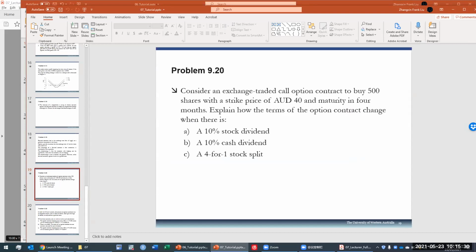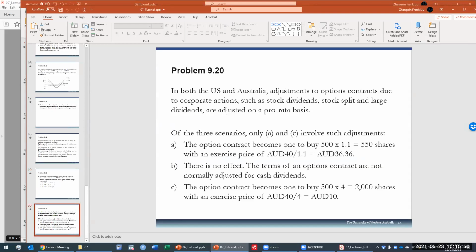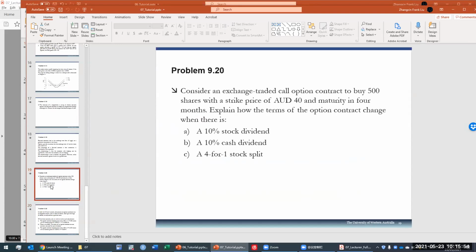So 9.20 is the one that I guess is the only thing that week that does not come up again in other weeks, which is knowing how the stock split, cash dividends, and stock dividends will have an effect on your strike price and on the number of shares you're trading, right? So again, you guys have all seen the answer now, but let me just quickly talk about it.